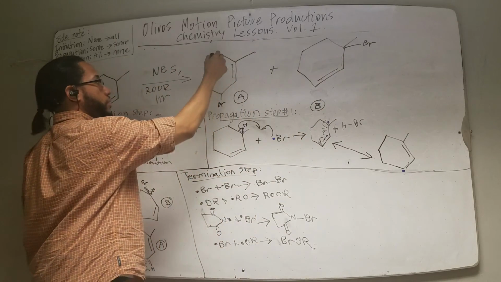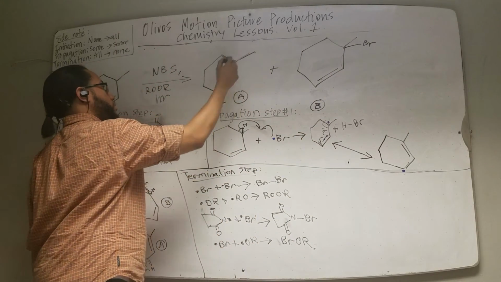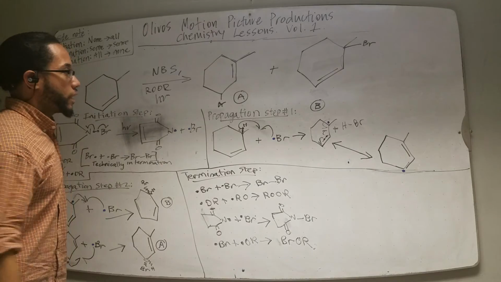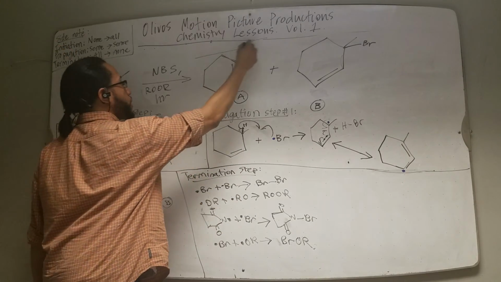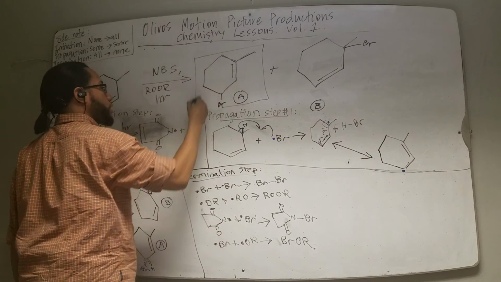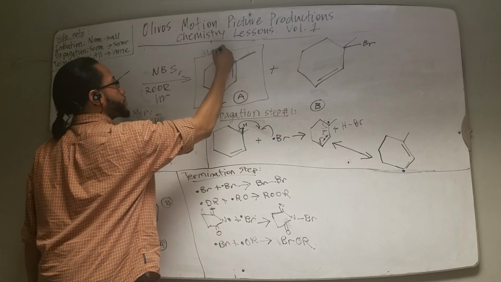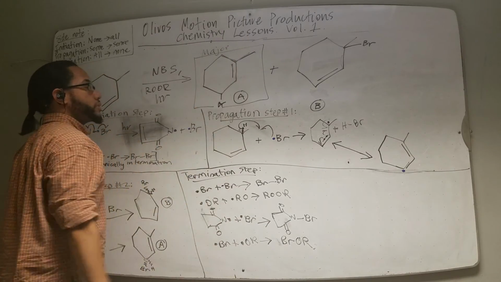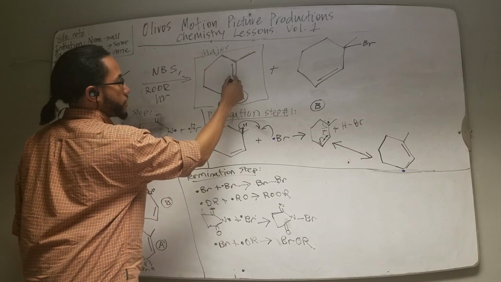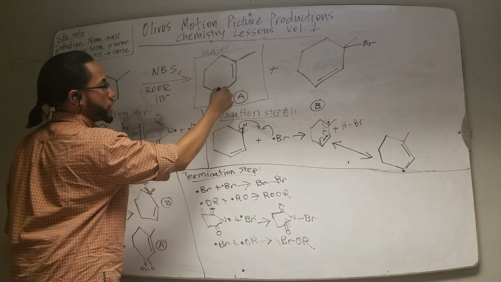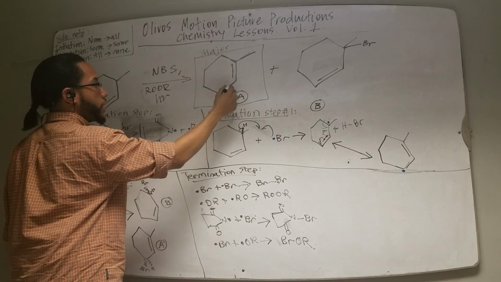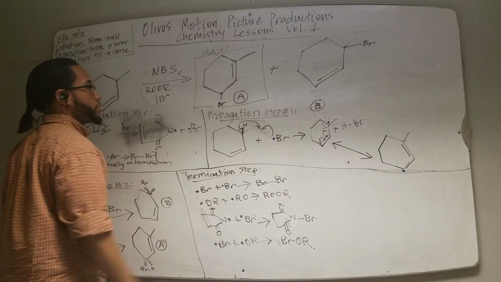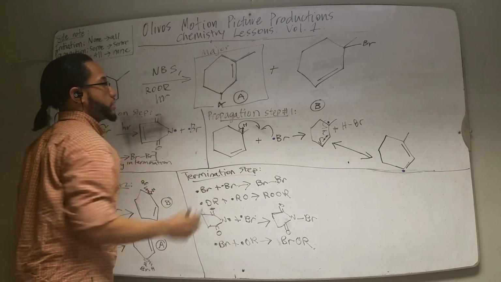While this alkene, you have two things attached to it up there and one attached to it down here. So this is the major product. Also, this is allylic right here. Allylic is when the alkene is one carbon away from the bromine.